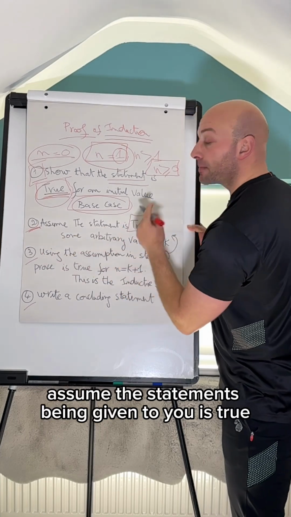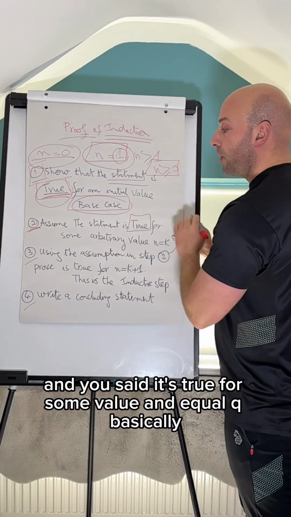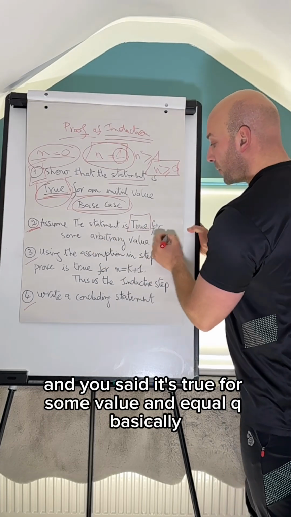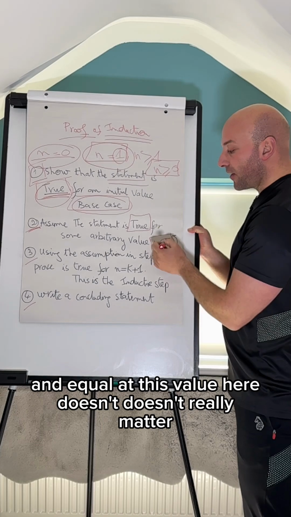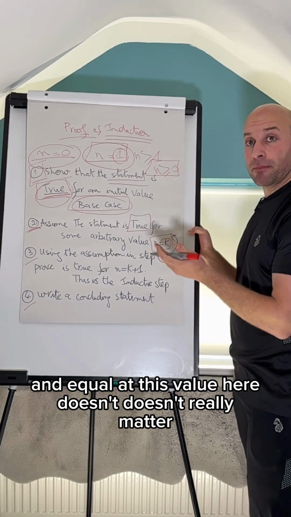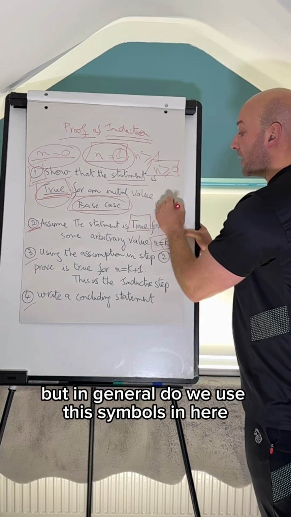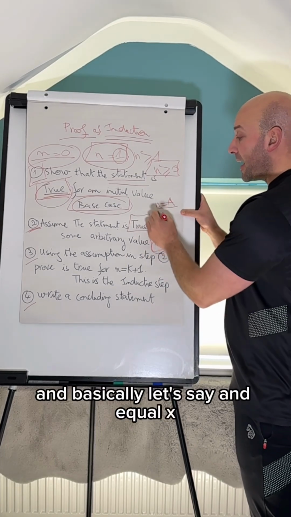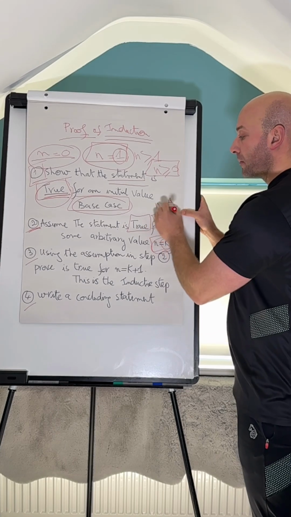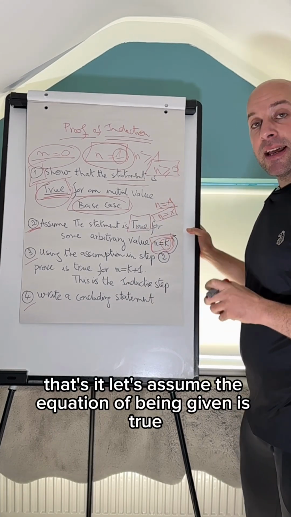Assume the statement given to you is true, write it as it is, and say it is true for some value n equals k. The name of this value doesn't really matter; you can name it whatever: n equals a, n equals b, but in general we use these symbols. Let's say n equals x. That's it. Let's assume the equation you've been given is true.